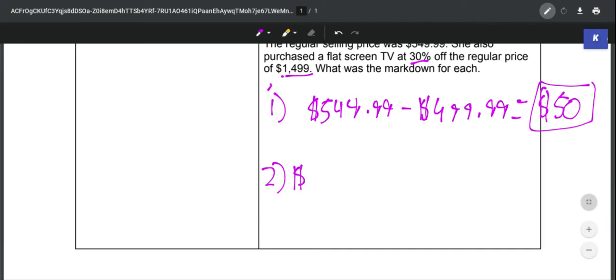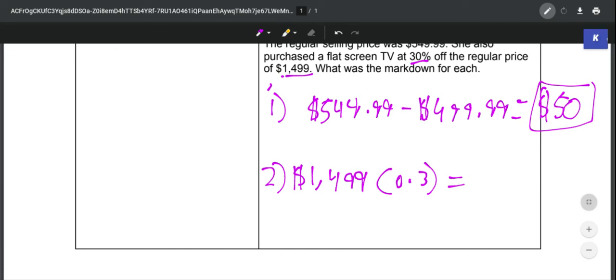So you will take your selling price, the regular price or the original price, and multiply by that percentage rewritten as a decimal. If we want to rewrite 30% as a decimal, just divide 30 by 100, you will get 0.3, and then you'll multiply 0.3 by $1,499.